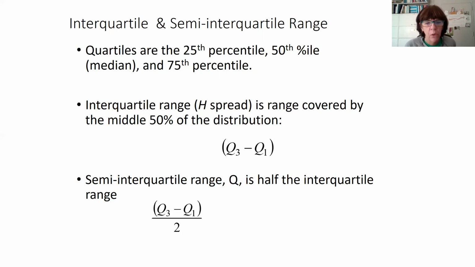And it can be used to describe not the complete spread, but the spread around the clump of the central tendency. Similarly, the semi-interquartile range is half of the interquartile range, and it further narrows the range to look at the most common spread of scores.